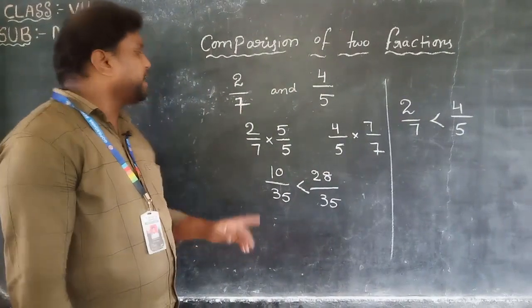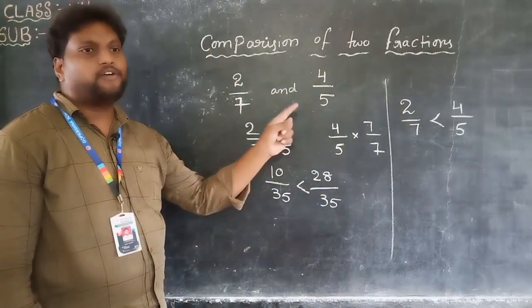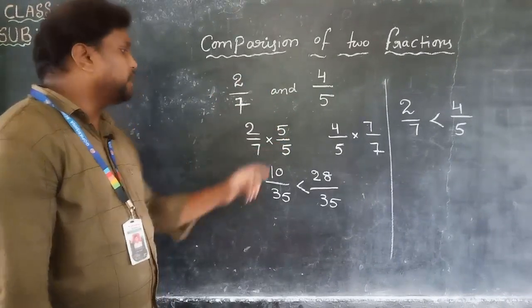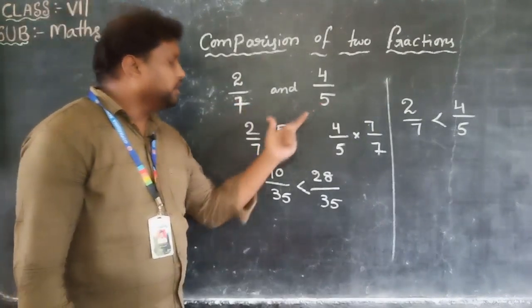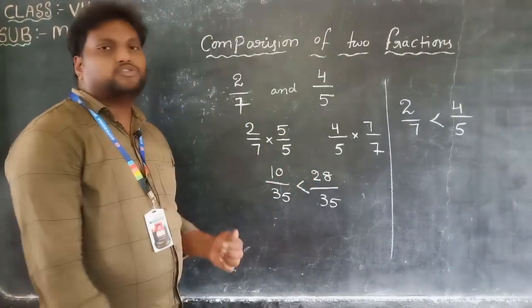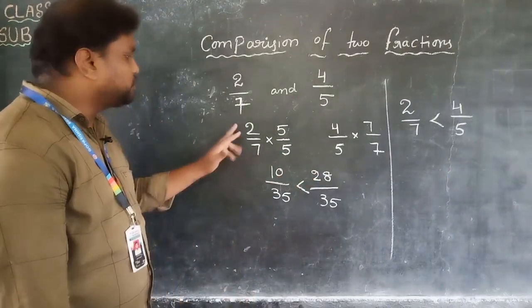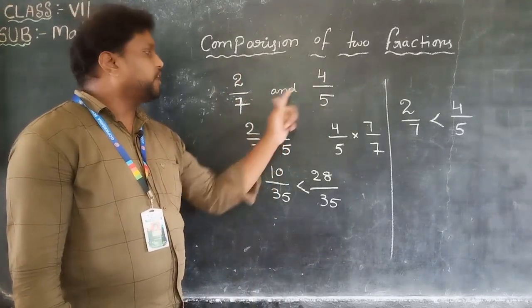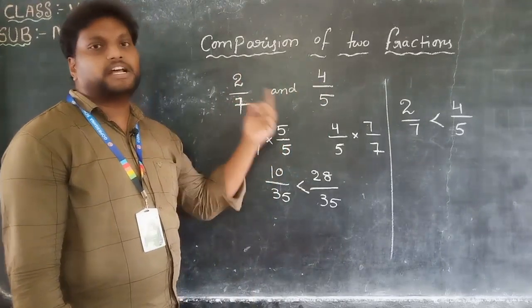Okay, I repeat once again. We have 2 by 7 and 4 by 5. Here numerators are not equal and denominators are also not equal. First of all, we have to equate the denominators. We have so many methods; here we are using the first fraction with the second denominator and the second fraction with the first denominator, which means we are applying the cross multiplication method.